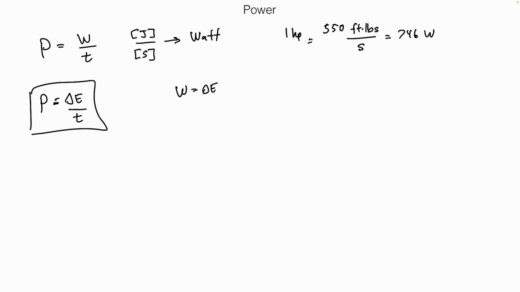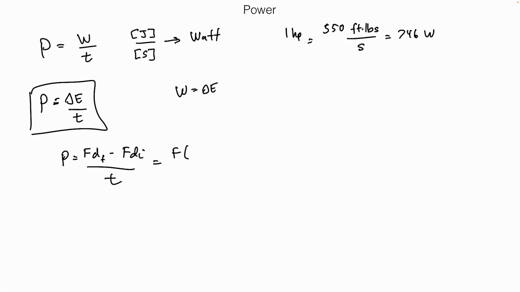So if this is a change in energy, or work is being done, that means I've got a force times a distance final, minus a force times a distance initial, over time.